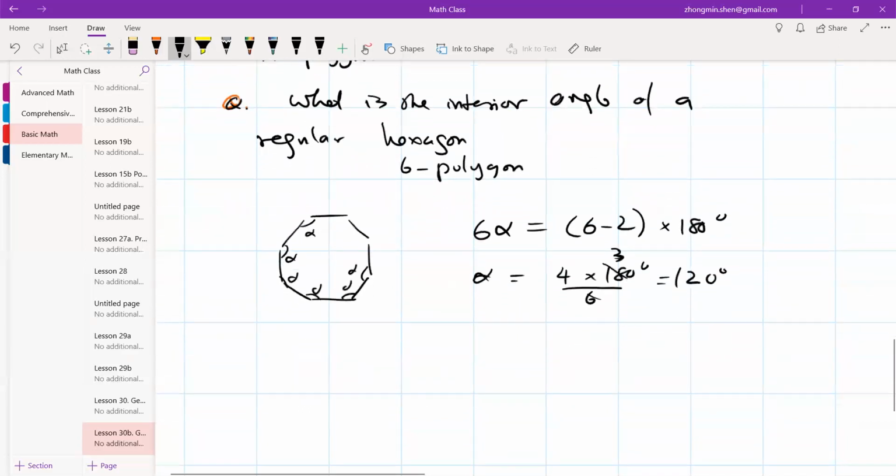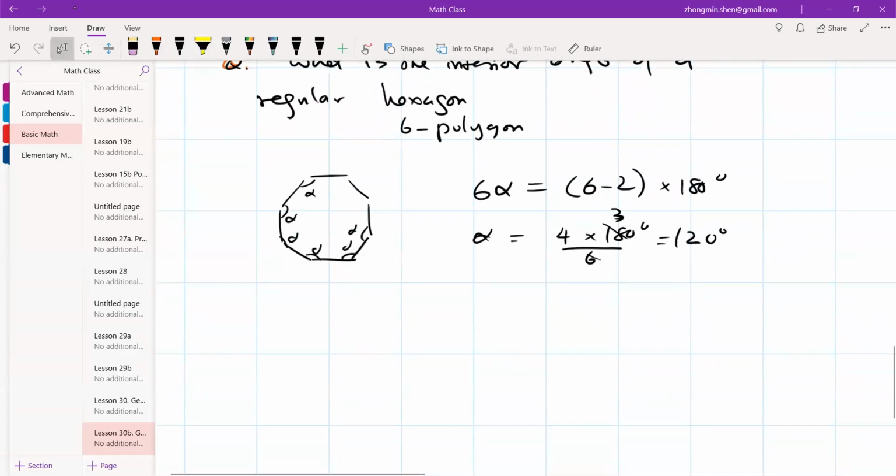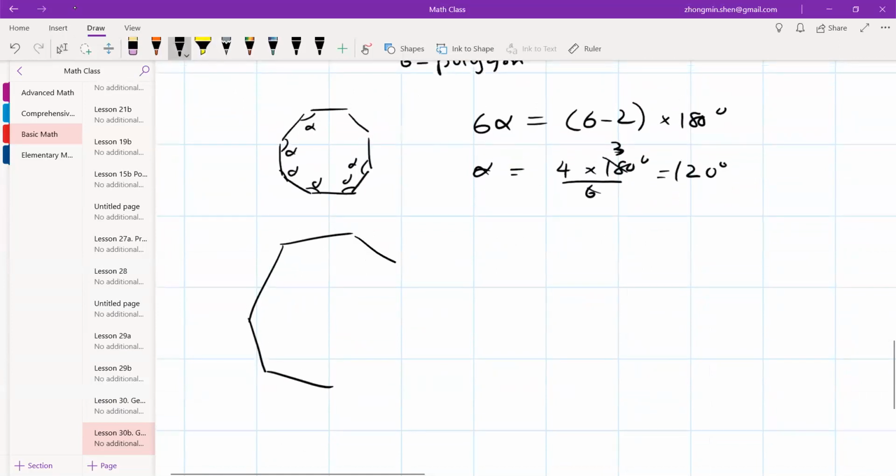Of course, you can get this in different ways. Look at the regular hexagon. If this is the center, you draw all the lines from the center to the vertices. Each of them is an equilateral triangle. The total here should be 360 degrees.